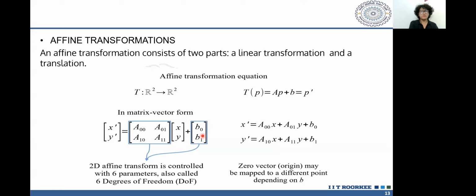Since the zero vector is not mapped to itself after transformation, we can say it's not a linear transformation. That is the basic difference between linear and affine transformation. Affine transformation is basically linear transformation plus the translation operation.